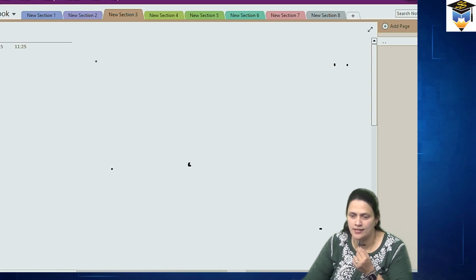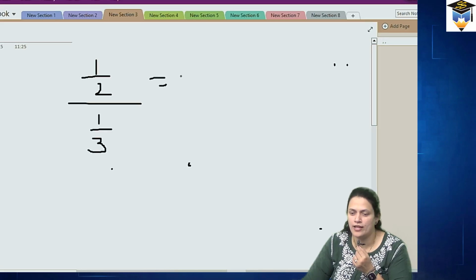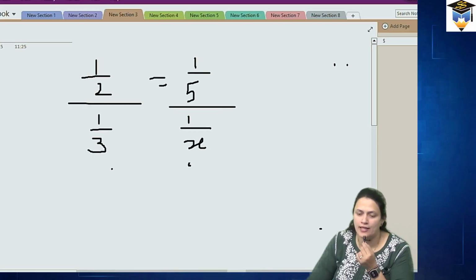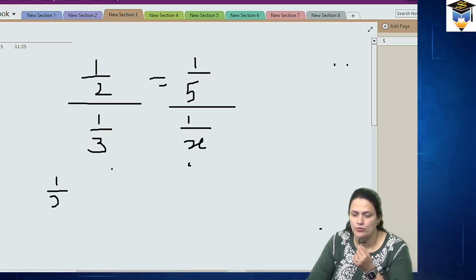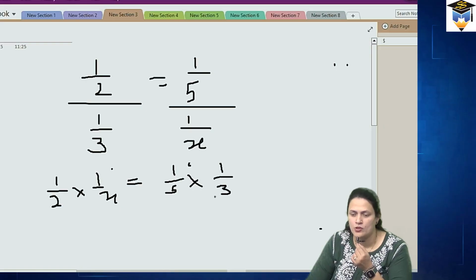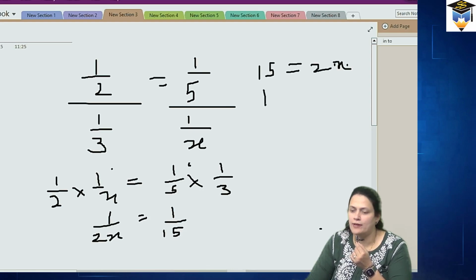It is easy, but still 1 upon 2 upon 1 upon 3 is equal to 1 upon 5 upon 1 upon x, correct? So if you cross multiply, हमें क्या मिलने वाला है? 1 upon 2 into 1 upon x is equal to 1 upon 5 into 1 upon 3. So 1 upon 2x, 1 upon 15, cross multiply. So 15 is equal to 2x or 15 by 2 is equal to x. So you will solve it like this.